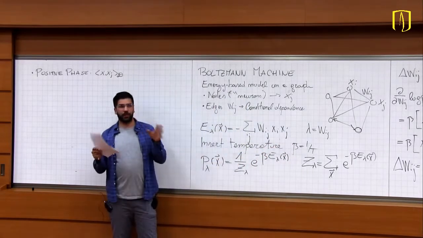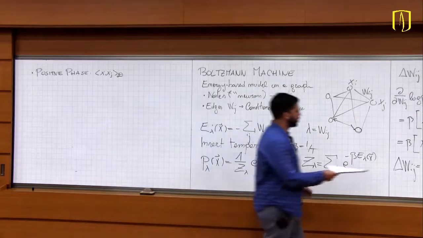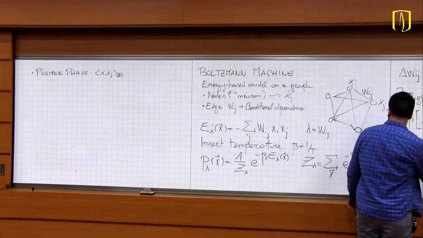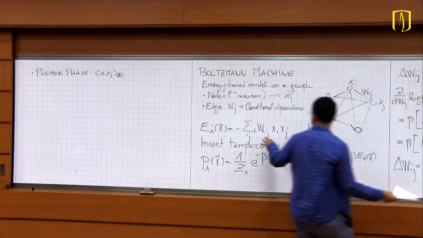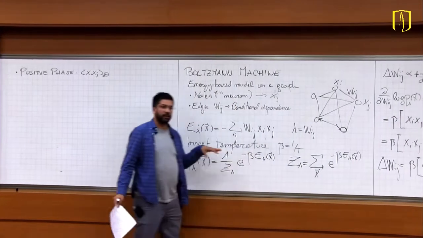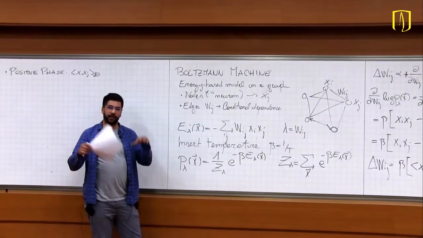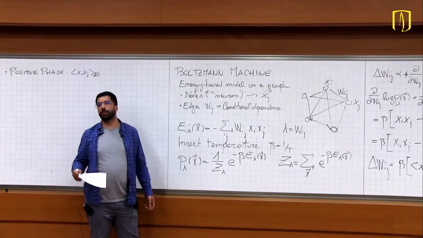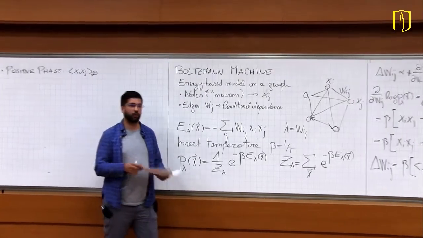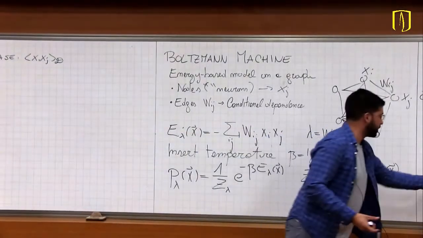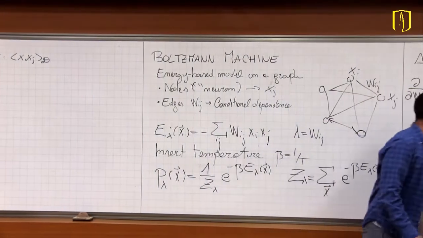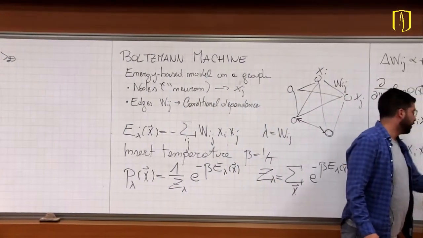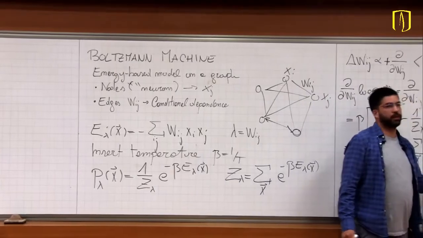So the positive phase says, look, I want to change my energy and my probability so that the data points that are in the data set become more and more probable. Okay? So you want to do this with this positive sign. And the other term does exactly the same thing with the reverse sign when you average over the model.